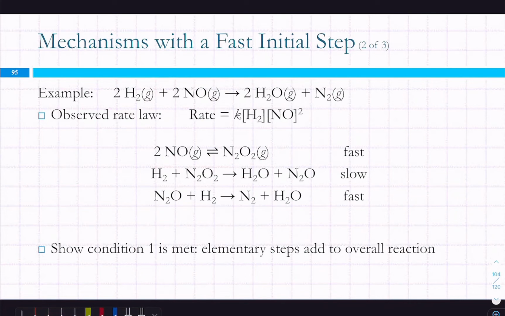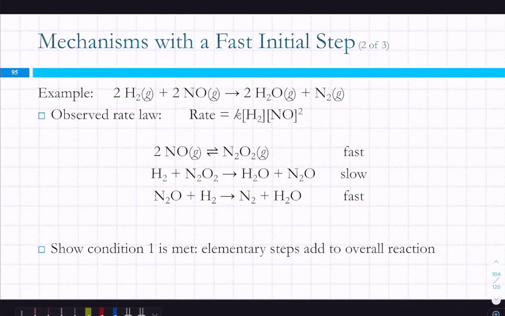And because that happens so fast, it builds up enough of a concentration that the reverse reaction has a substantial rate. And so the rate of that forward reaction will equal the rate of the reverse reaction, and only be used up by this second slow step, where the hydrogen slowly reacts with the dinitrogen dioxide.